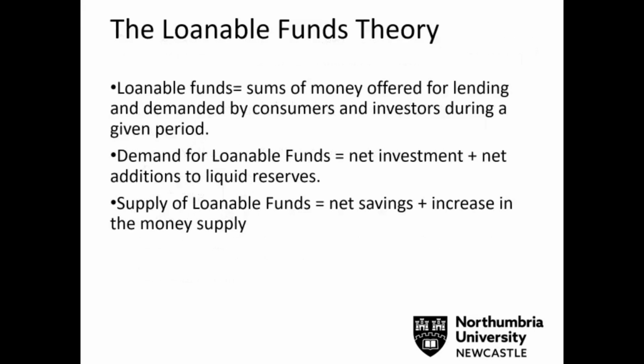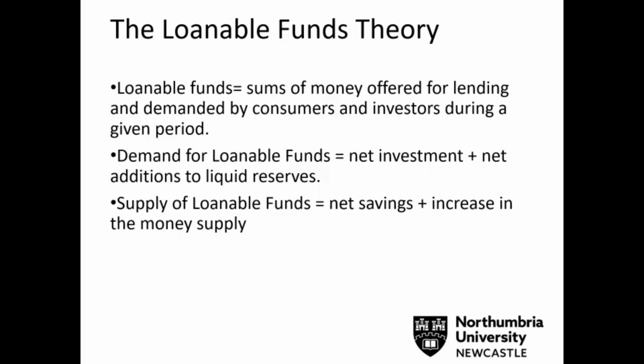So on the supply side, the amount of loans that are available is dependent on the amount of consumer savers out there and how much money is actually saved rather than consumed or held. You can see the formulas here that the demand is actually based on how profitable investments are. So net investment plus additional liquidity reserves will determine the demand.